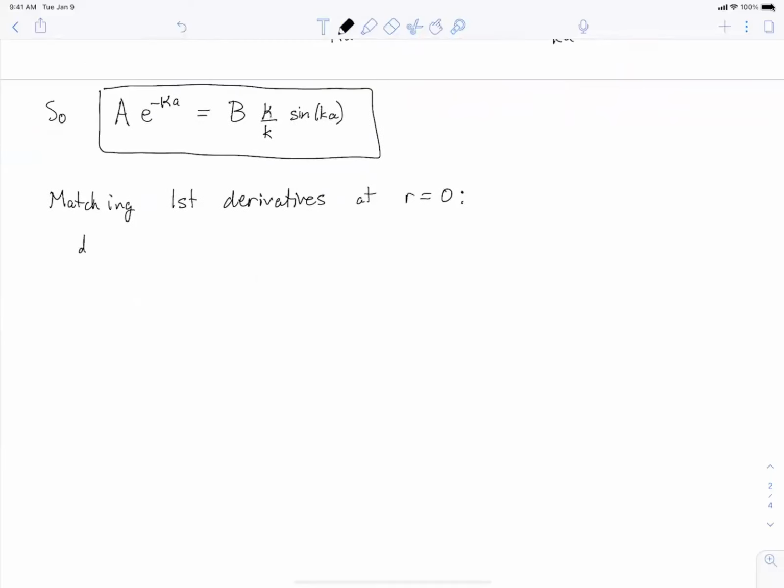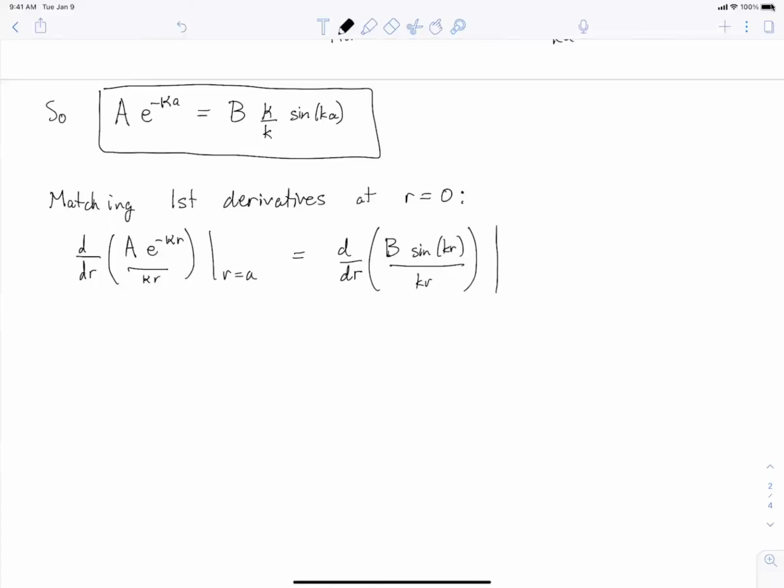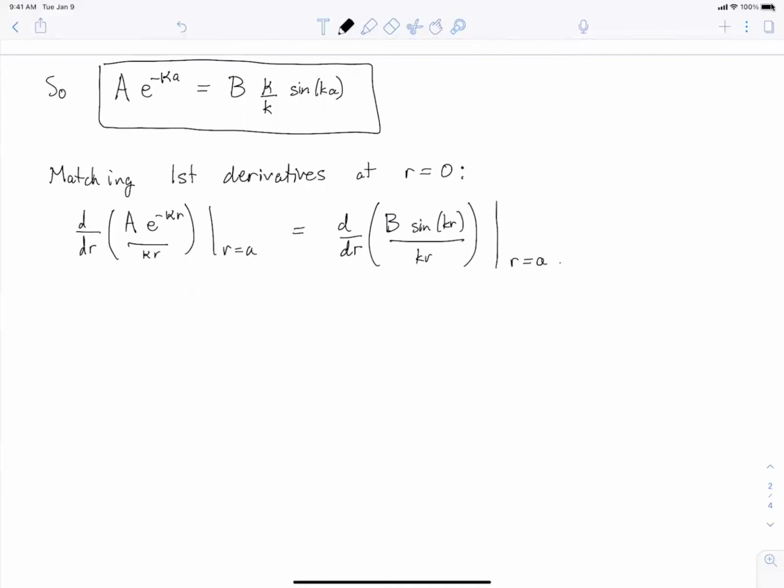So we have to do d by dr of A e to the minus kappa r over kappa r at r equals a, which is supposed to equal d by dr of B sine kr over kr at r equals a. This is why we're only doing the L equals 0 case, because if we were doing some higher L case, it would get ugly really fast because these functions would be much more complicated.